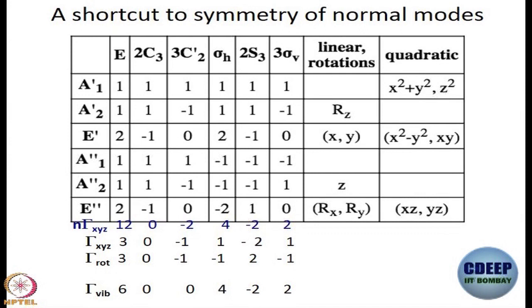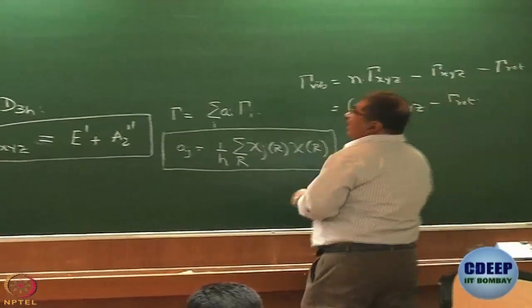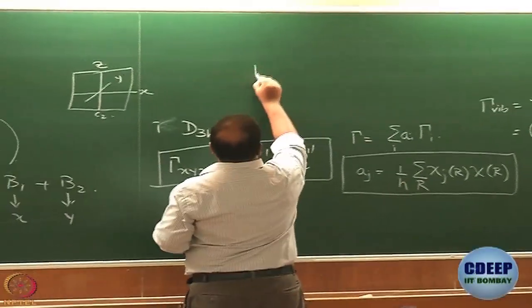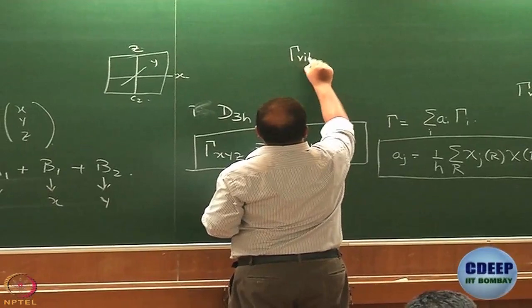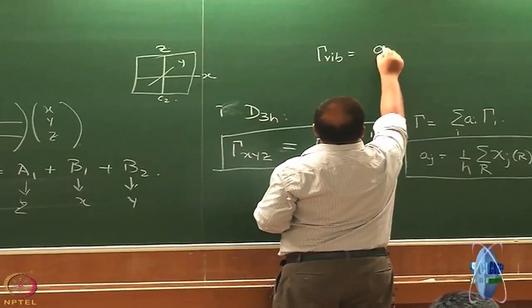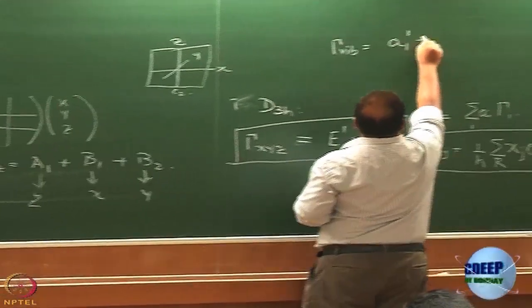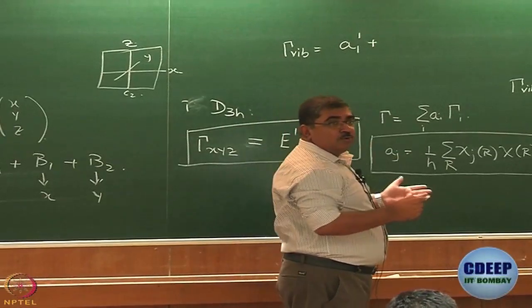What about E dash? E dash is even more interesting because E dash is 2 dimensional. What is the coefficient of E dash? 2. So, let us see what we have so far. We have gamma vib equal to A1 dash plus 2E dash, right?